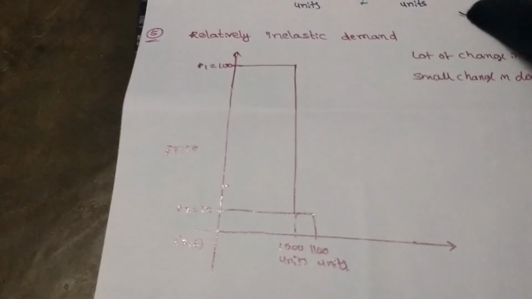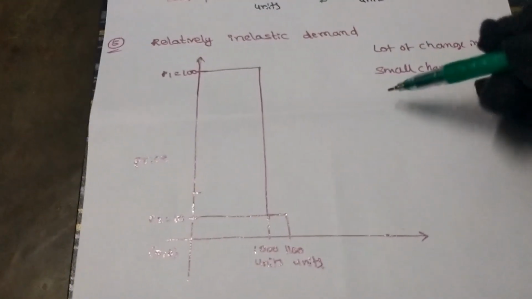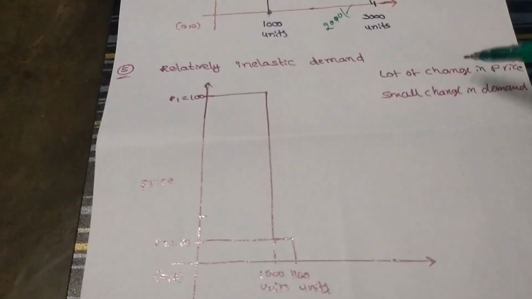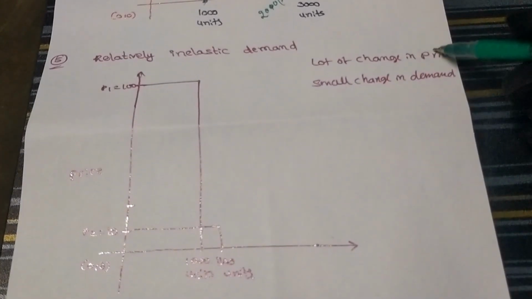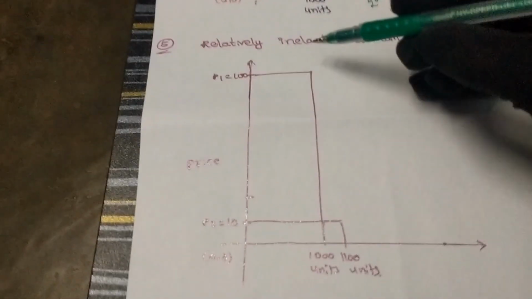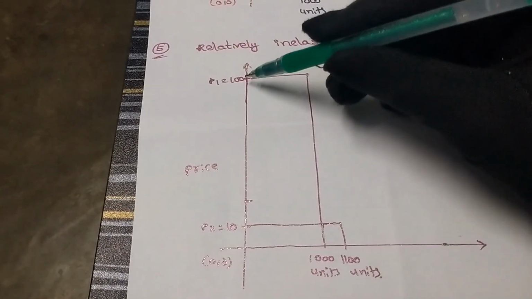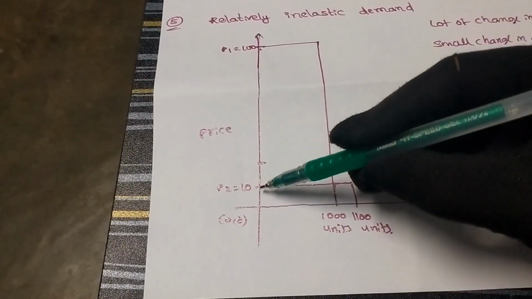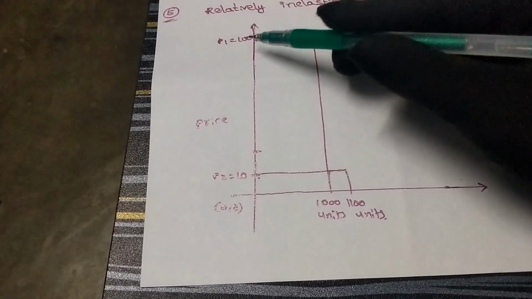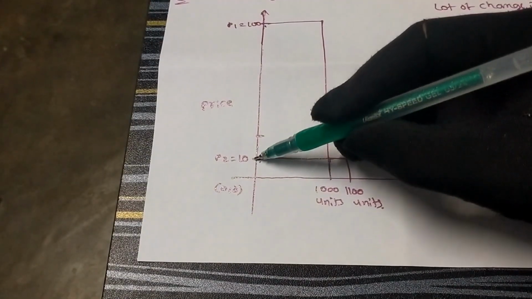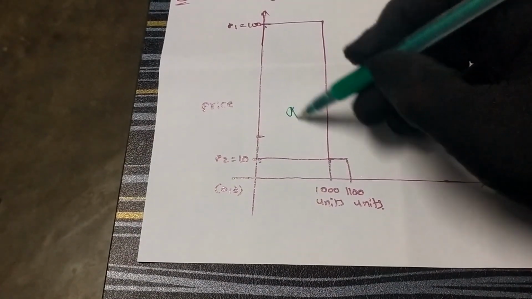And coming to the last one, relatively inelastic. What is it? Even with a lot of change in price, there will be very small change in demand. Suppose here the price was 100 and slowly it fell directly to 10 rupees. Initially 100 rupees and finally 10 rupees. How much difference is there?